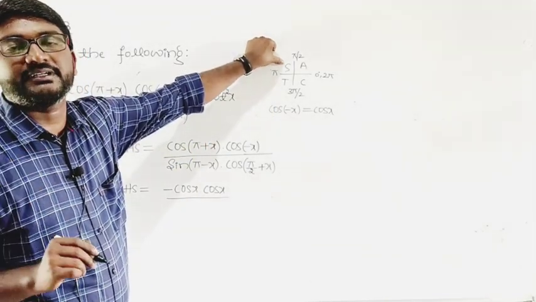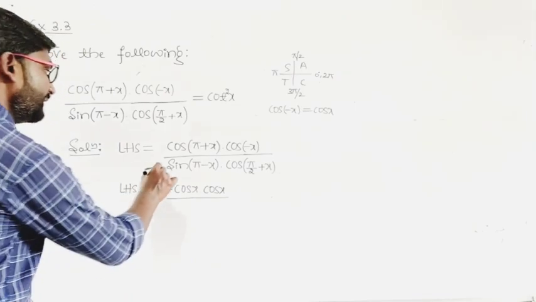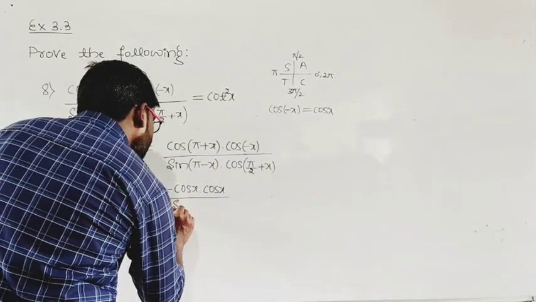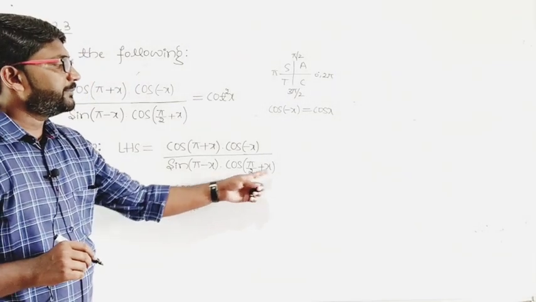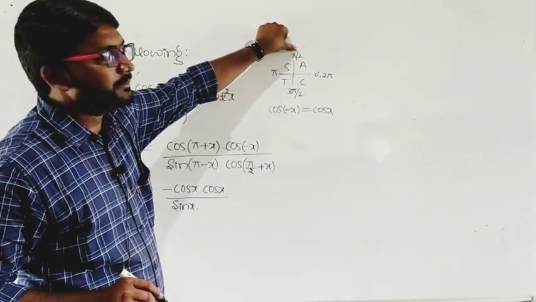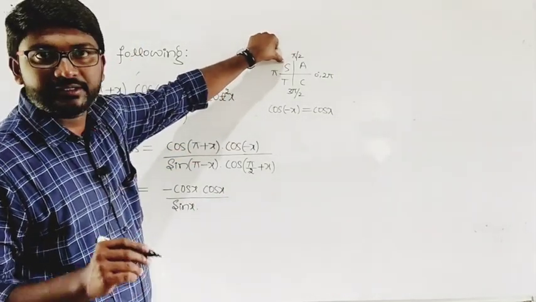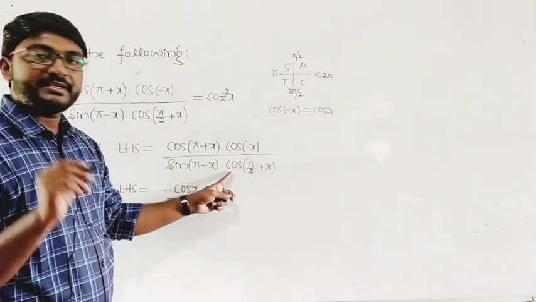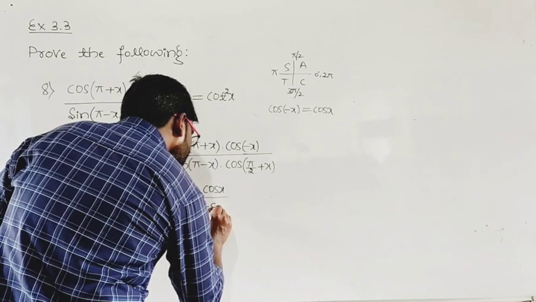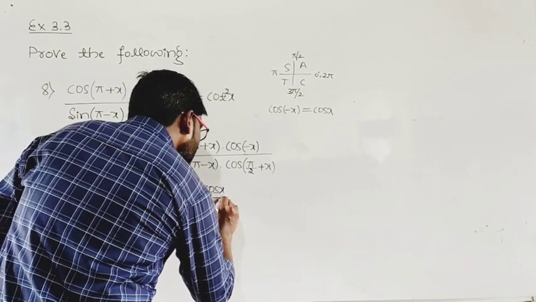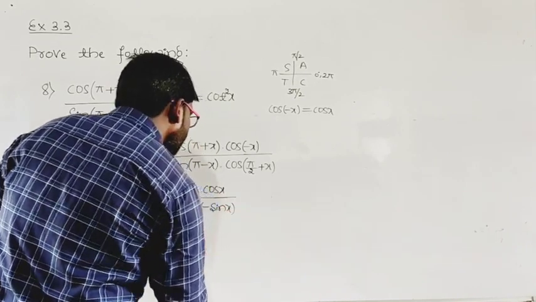In the second quadrant, sin is positive. So sin 180 minus x, which is equals to sin x into cos 90 plus x. 90 plus x means it is the second quadrant. In the second quadrant, cos is negative. So here we get minus sin x. Cos 90 plus x is minus sin x.